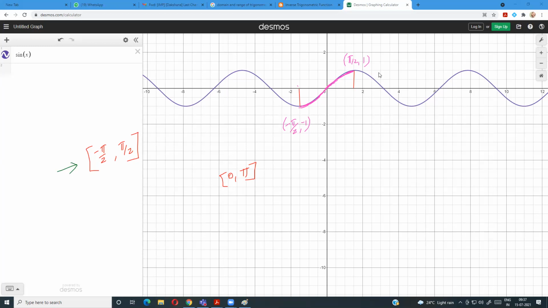What do you mean by interval, like minus pi by 2 to pi by 2? As I wrote within square brackets minus pi by 2 comma pi by 2, that means the interval minus pi by 2 to pi by 2. And sir is asking what you mean by interval.